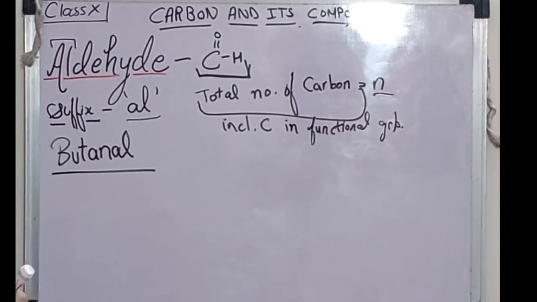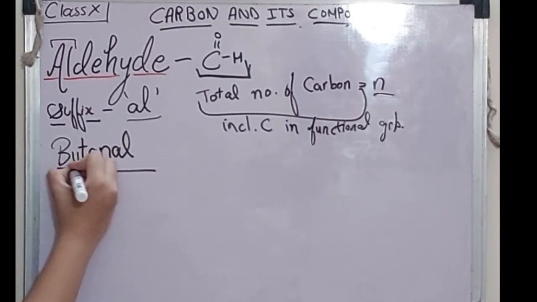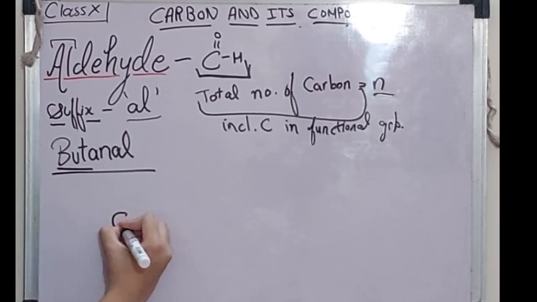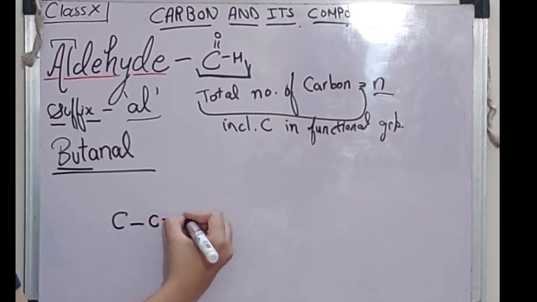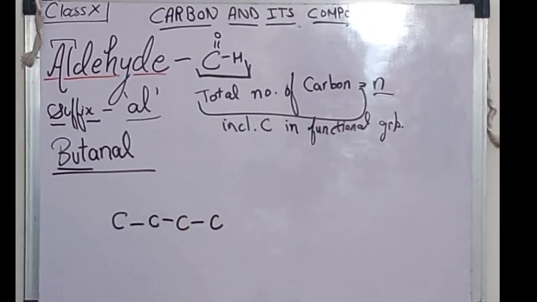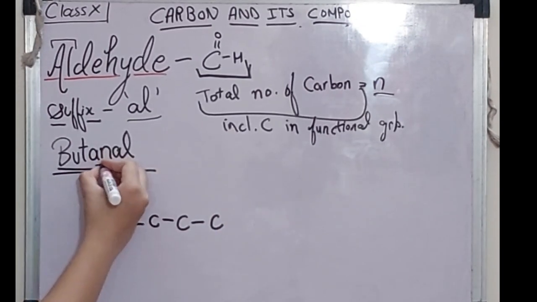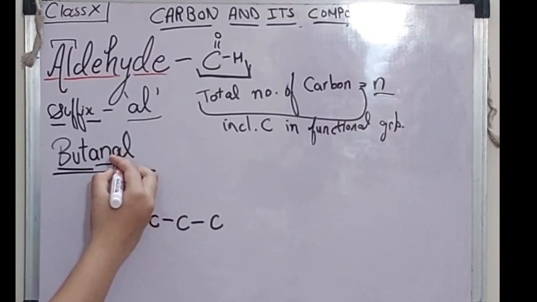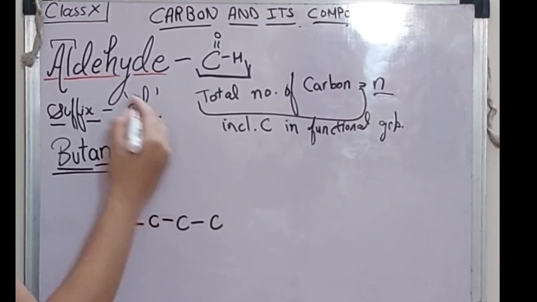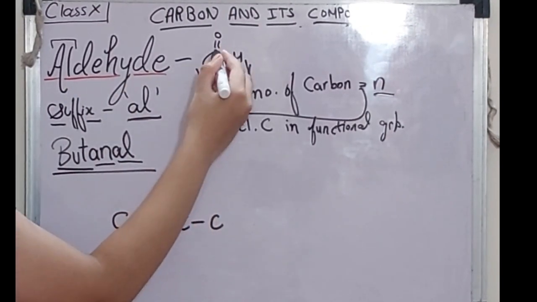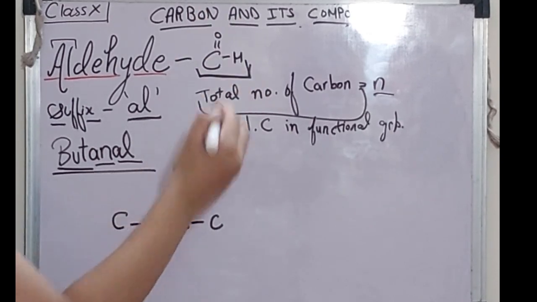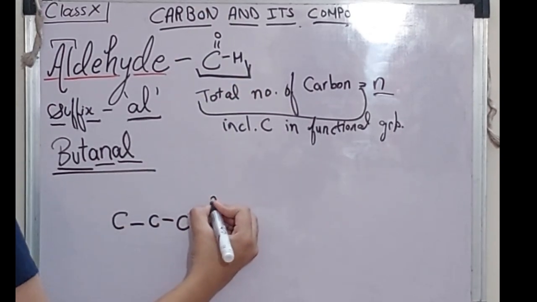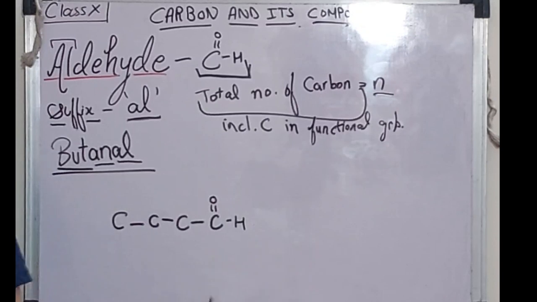For drawing butanol, but means 4 carbons, 1, 2, 3, 4. Okay. An means single bond. Okay, it is single bond only. Al is the suffix of aldehyde, matlab double bond oxygen, single bond hydrogen. Oxygen, hydrogen.